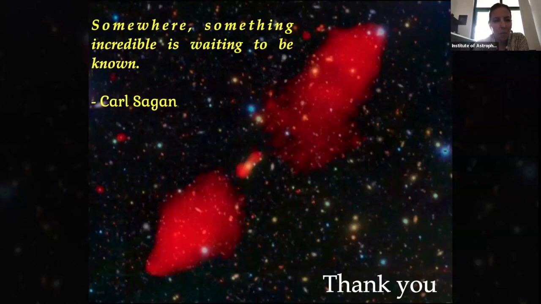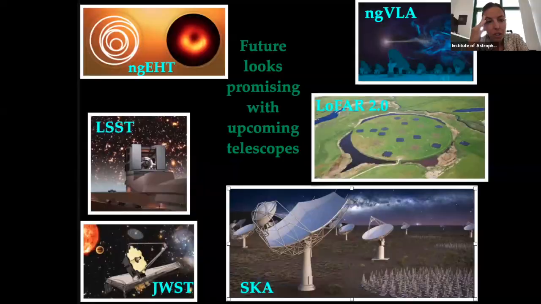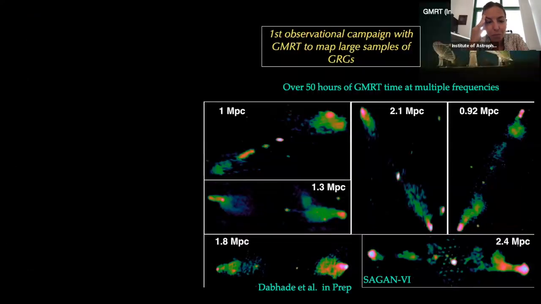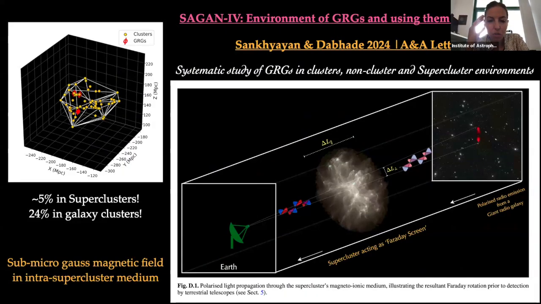Can you clarify something for me? You use the Faraday rotation to measure the magnetic field, and you consider sources, giant radio galaxies, that were behind the supercluster. With Faraday rotation, you measure the component of the magnetic field along the line of sight.